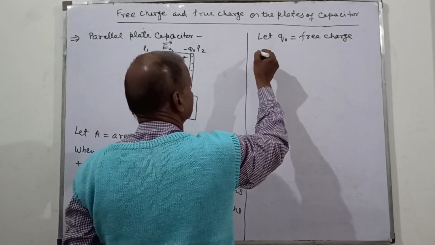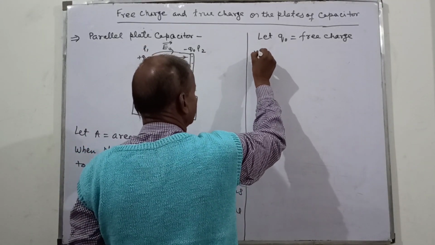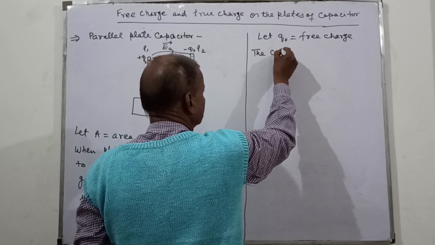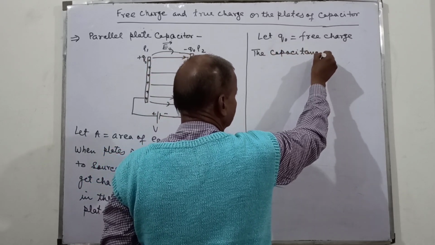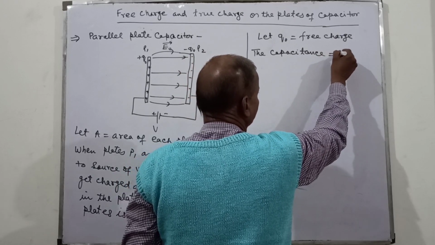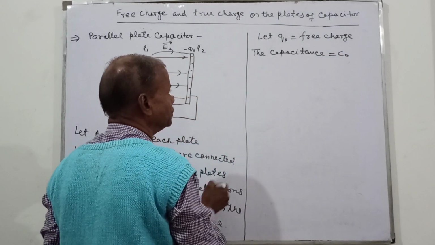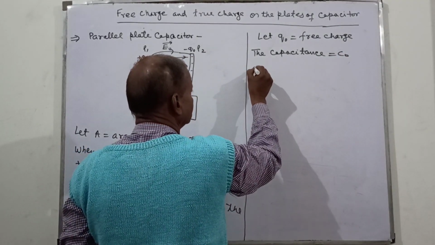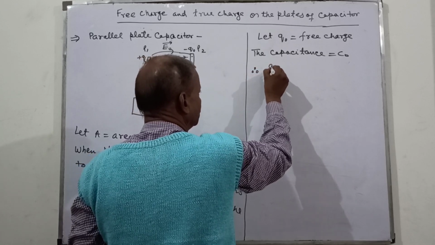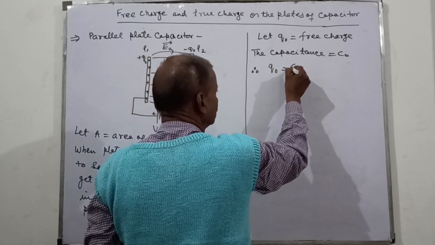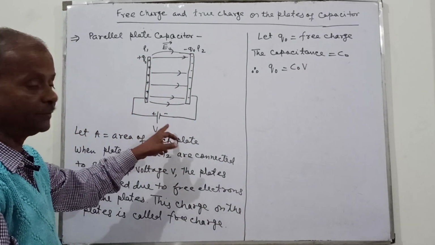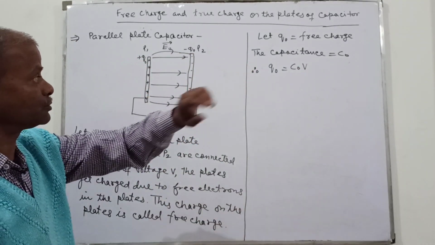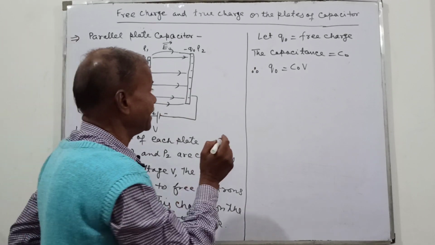Free charge. So now what is there? That the capacitance is equal to, let us take it as C naught. So how much will the charge be? Therefore Q naught equal to C naught into V, V the voltage of this source. And how much will the electric field be?